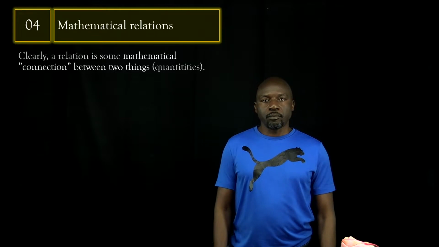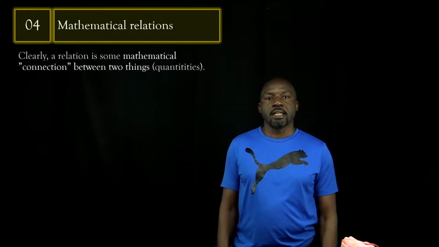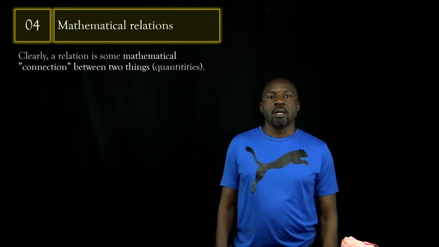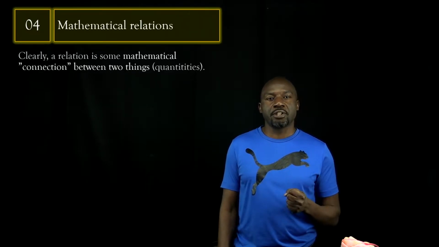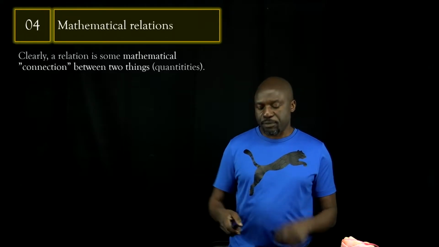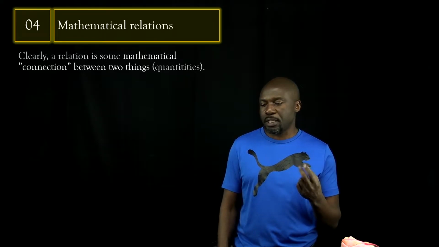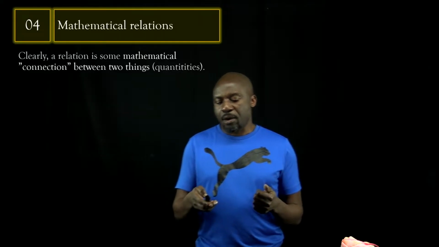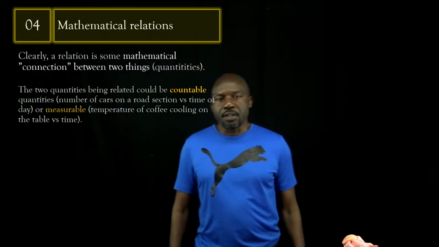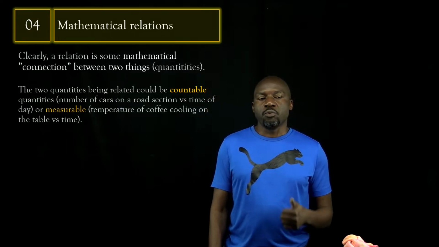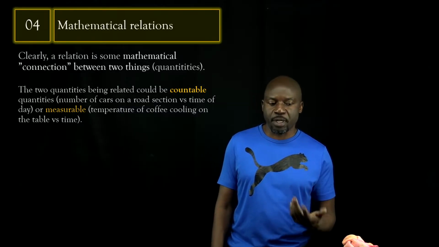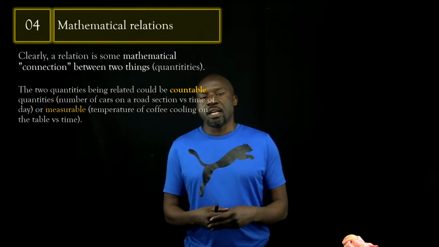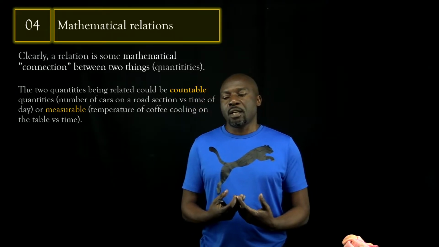So if you look at that, clearly there is a mathematical connection between two things, as we have seen previously, all right? There are always two things that we are relating, okay? The two quantities that we are relating could be things that we can count, or otherwise something that we can measure. We can measure the height of a person with age.